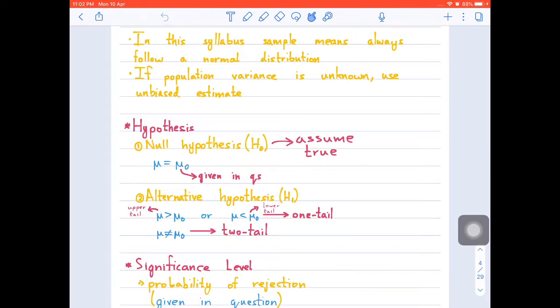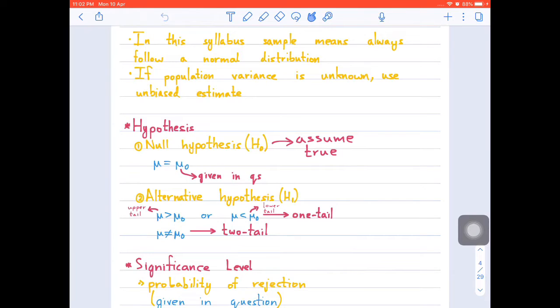The alternative hypothesis will be hinted towards in the question. It might be that mu is greater than the given mean, mu is less than the given mean, or mu is not equal to. If it is greater than or less than, then that is a one-tail test, because it's either greater than, that could be one case, or it's just less than, that could be second case.